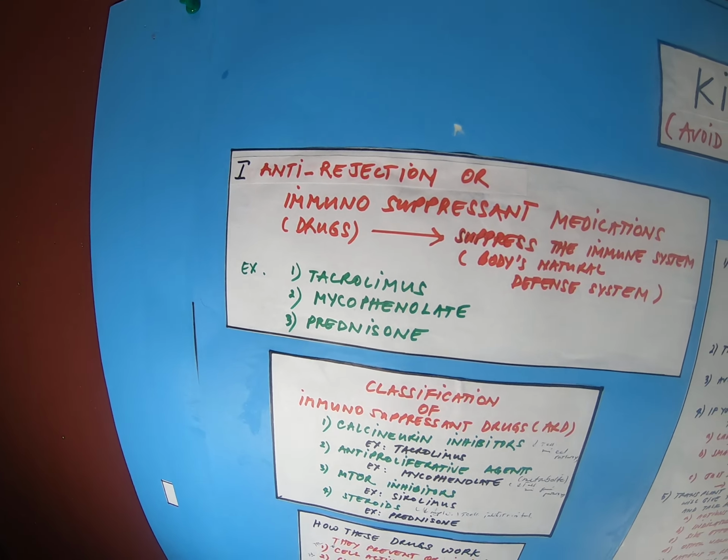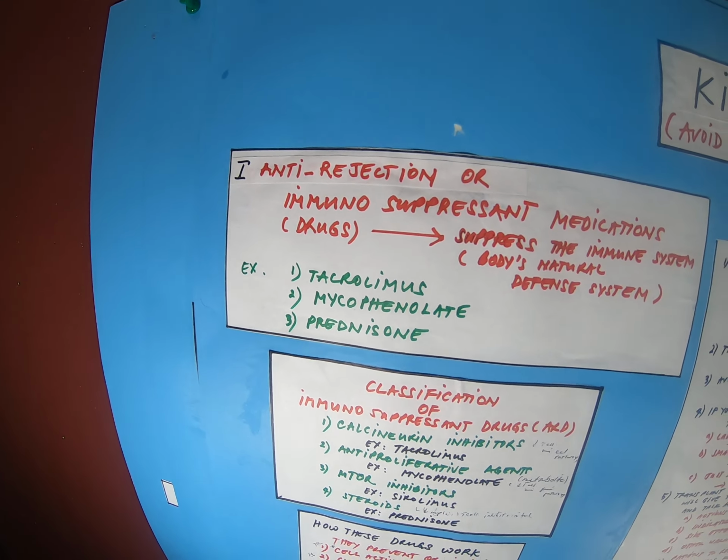We have 4. We have the calcineurin inhibitors, which act on the calcineurin pathway. An example of that is tacrolimus, and this will reduce the T-cell replication. Number 2 is the anti-proliferative agent or metabolite. An example of that is mycophenolate.